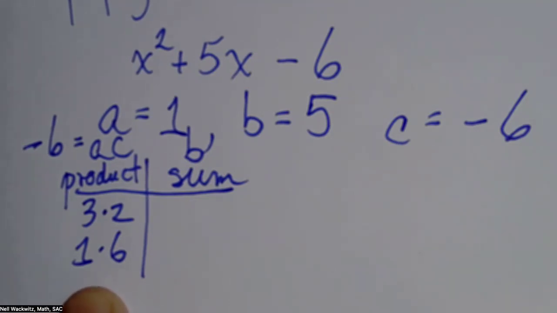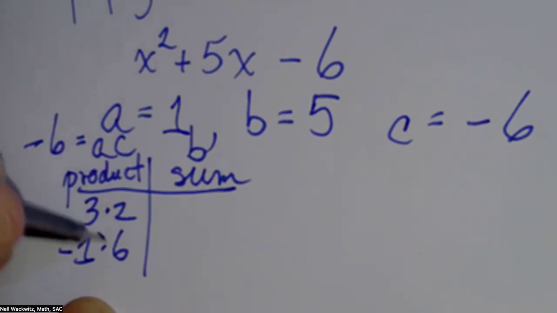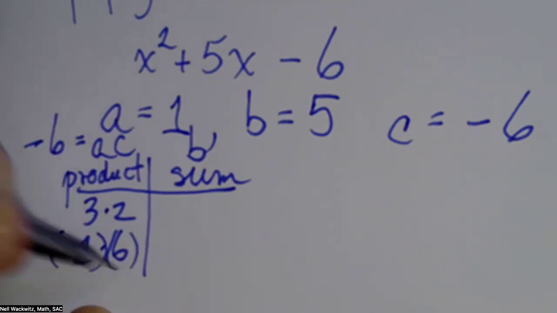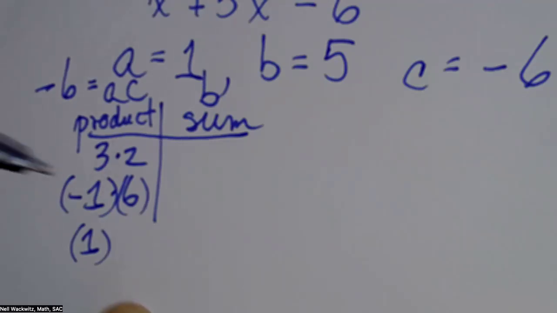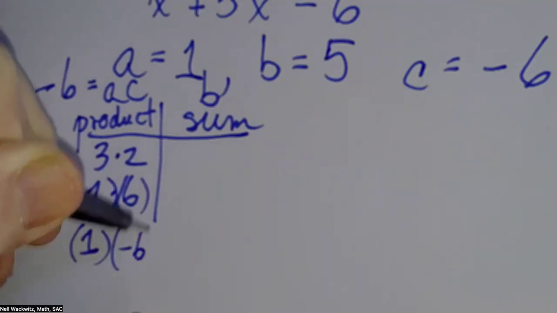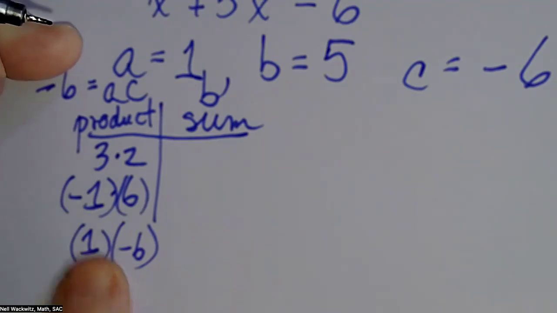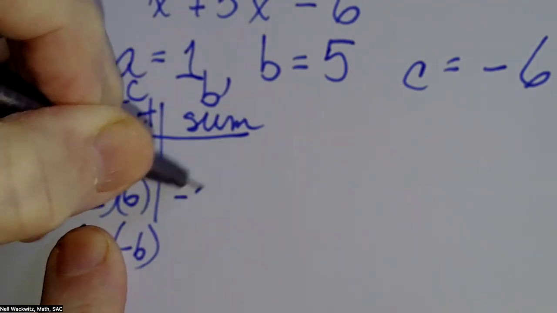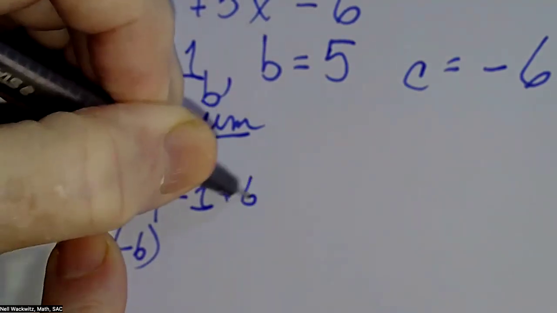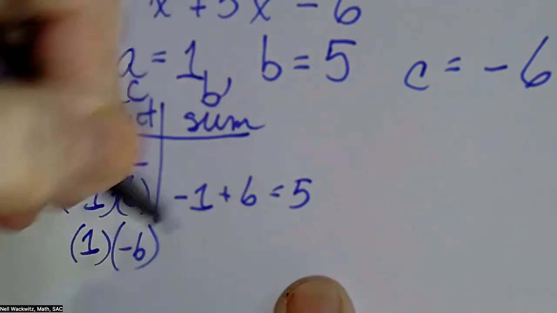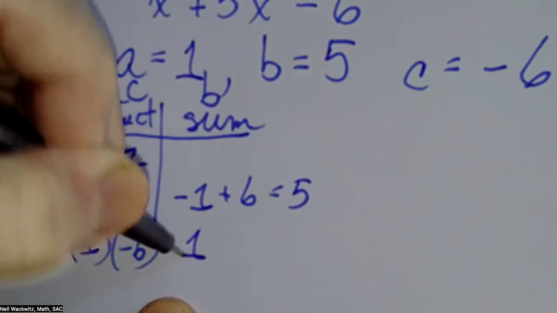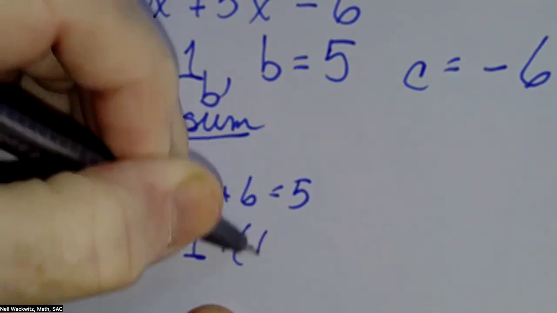Negative 1 plus 6. So we could have negative 1 times 6, or we could have 1 times negative 6. Good. Well, let's look at those sums. If we have negative 1 plus 6, we get 5. Yay!